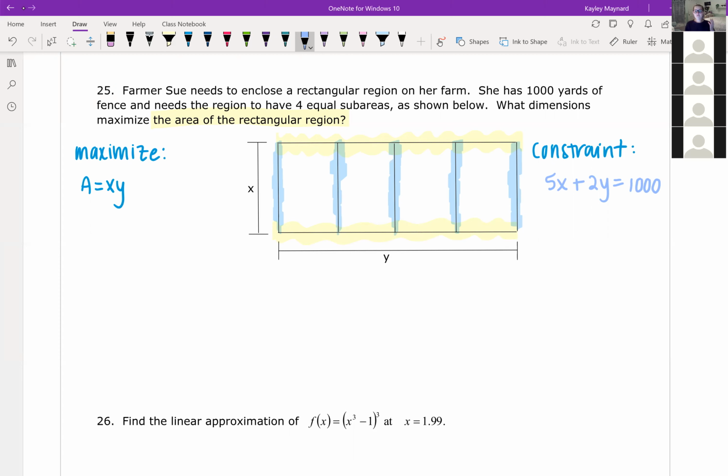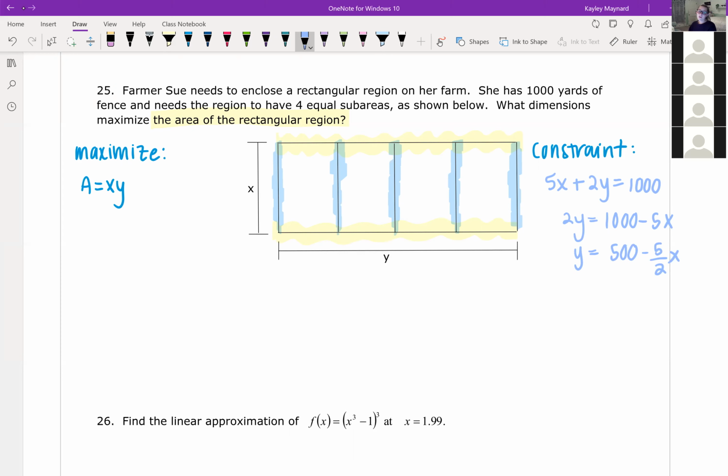And we want to make 4 sub areas, which means that we should have 5x plus 2y, and that should be equal to 1,000. All right, so let's go ahead and solve this for y. I just always pick y, but like I said, you could pick x. 2y equals 1,000 minus 5x. y is equal to 500 minus 5 halves x.